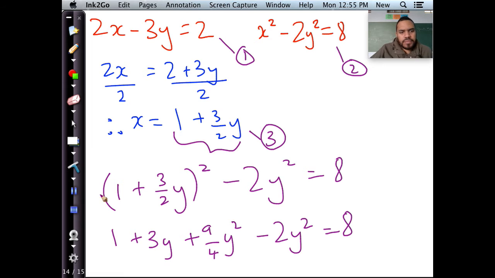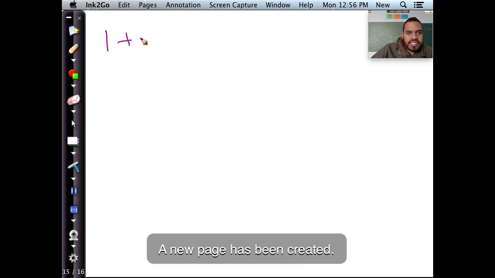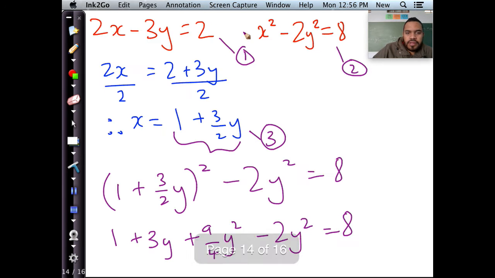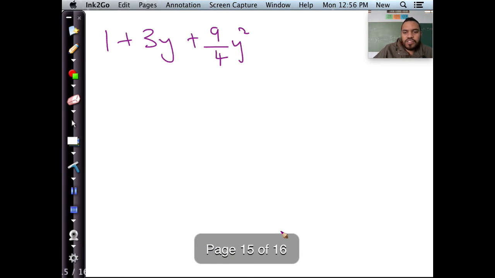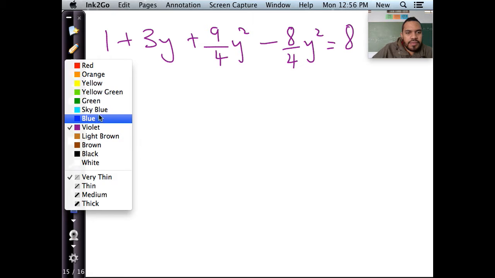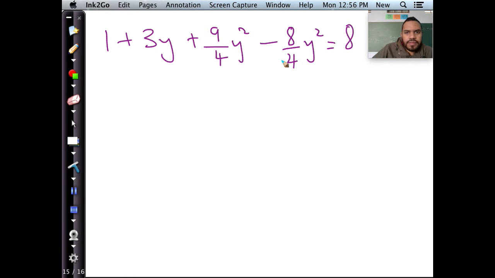Do you all have that up until this point? That's 1 plus 3y, plus 9 over 4 y squared. I'm just rewriting this, minus 2y squared equals 8. Now, do you agree with me that minus 2y squared is minus 8 over 4 y squared? I've just put that over the same denominator so that I can easily do this over here.